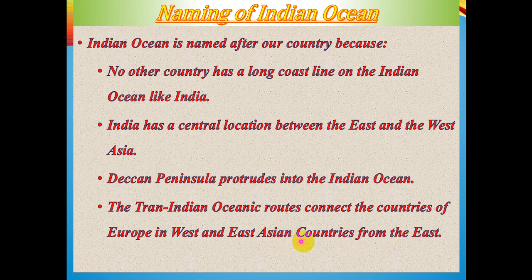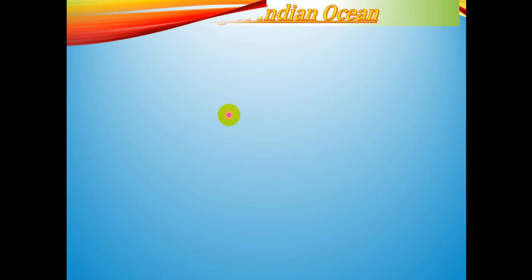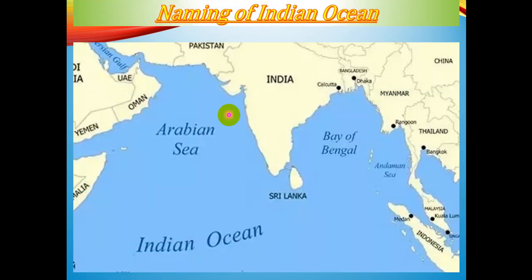So, due to this long coastline on the Indian Ocean, the water body lying just below got the name of the country, that is, the Indian Ocean. You can see this entire water body is named the Indian Ocean.